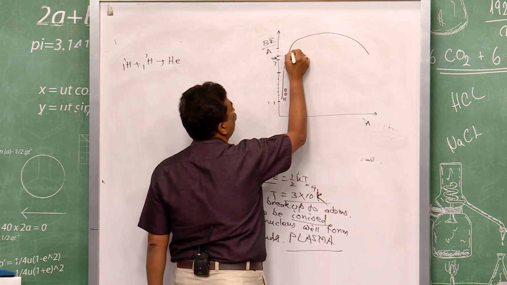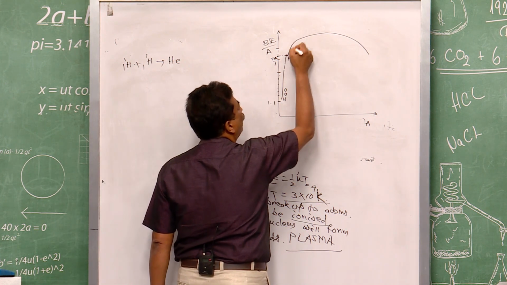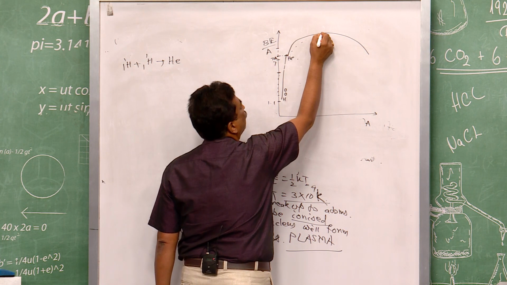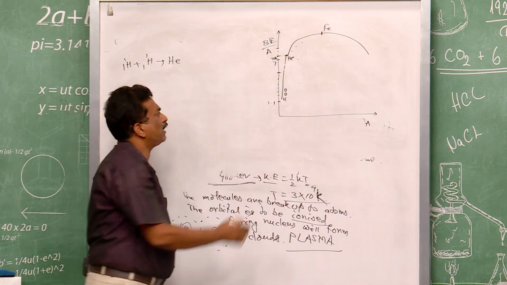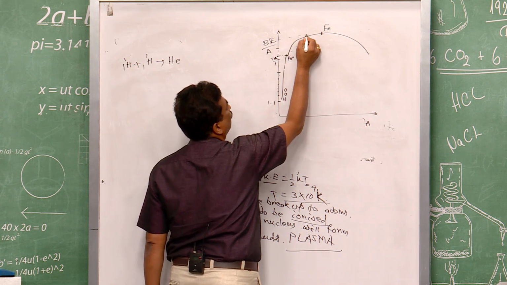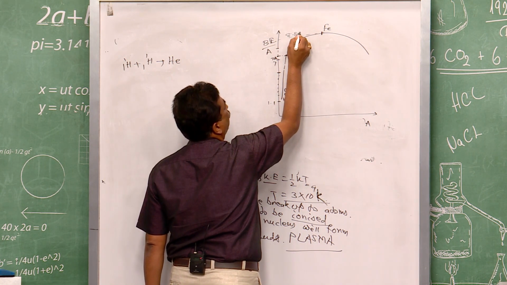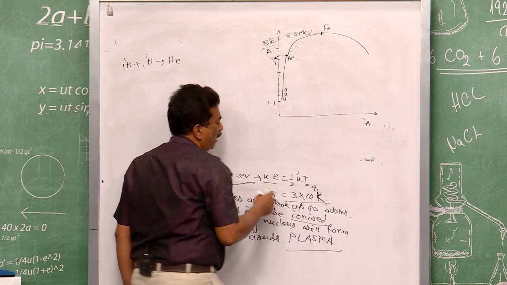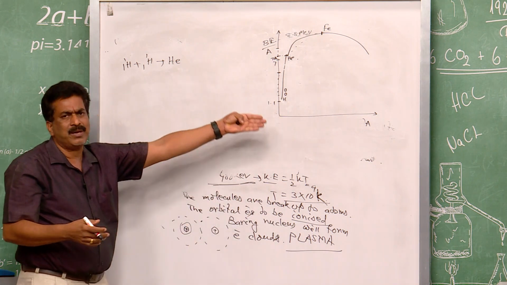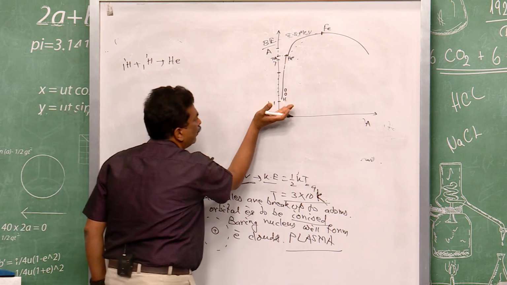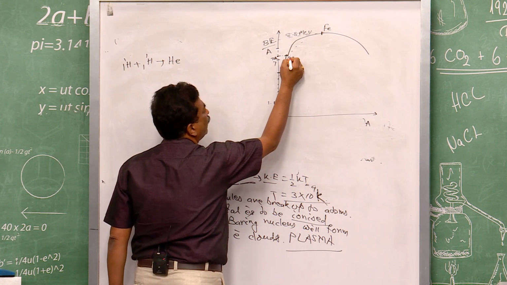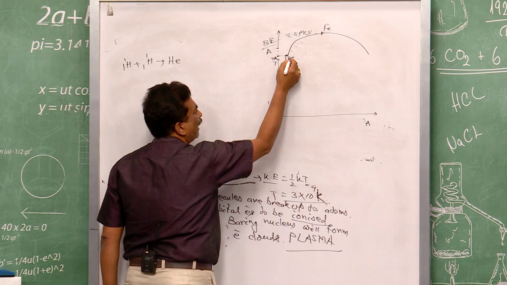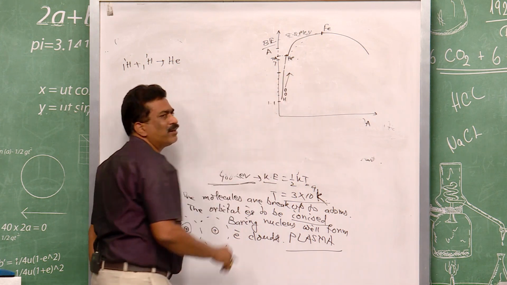If you go higher, the maximum will be iron, and that maximum range will be 8.8 MeV. So according to the binding energy per nucleon, the theory shows that when H and H combine to give He, that will release some energy.